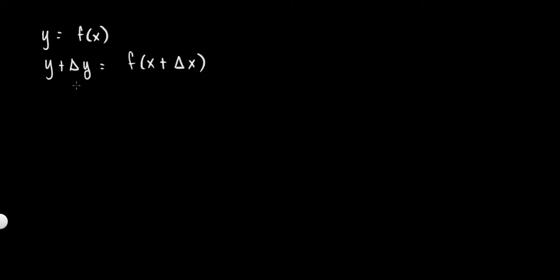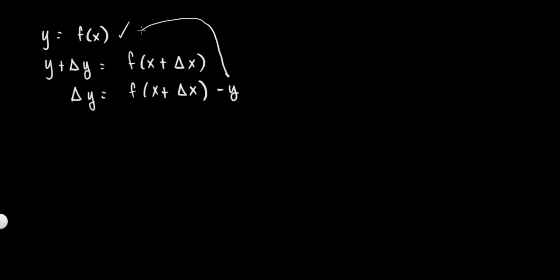Solving for delta y, we subtract y from both sides, or we transpose y to the other side. Delta y is equal to f of x plus delta x minus y. And we know y is f of x. So we substitute f of x here. So that is delta y equals f of x plus delta x minus f of x.